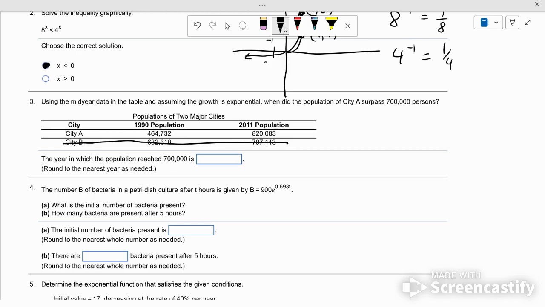So, if this is exponential, in 1990 they were, so the x value is that, the y value is this.